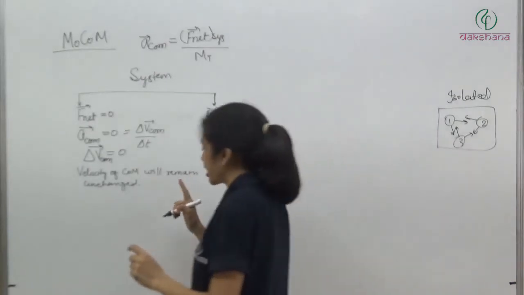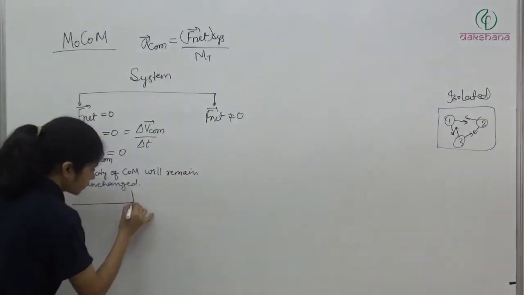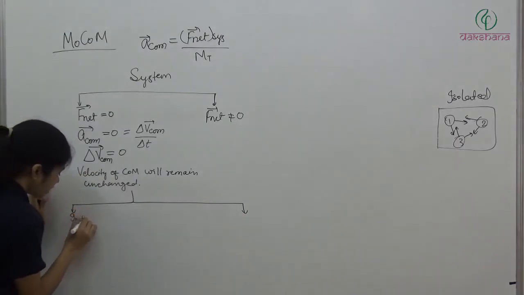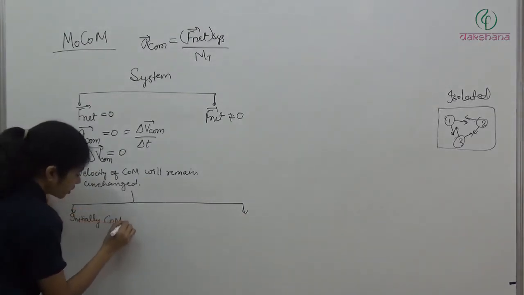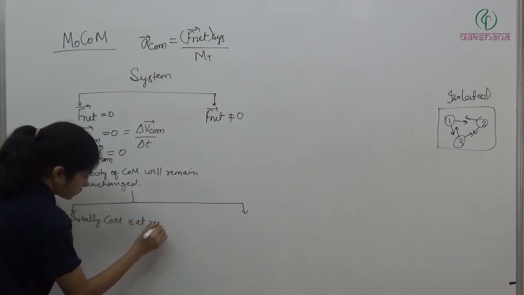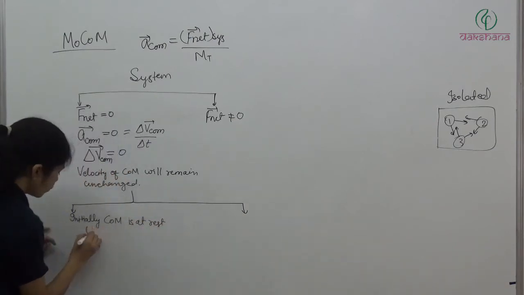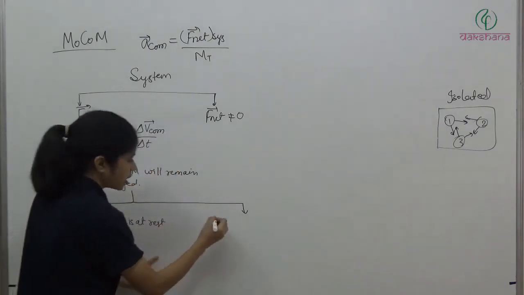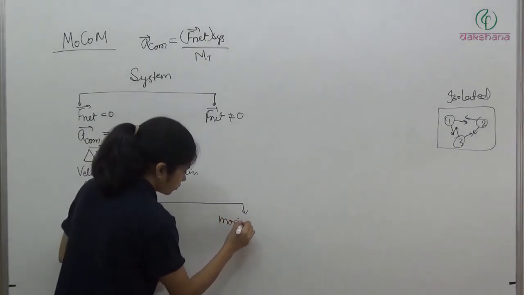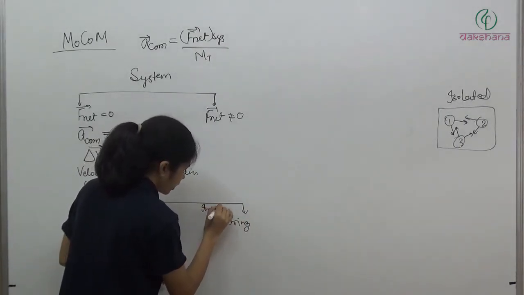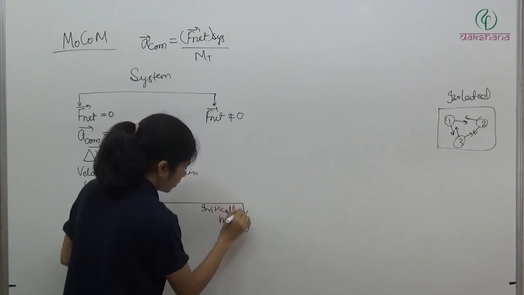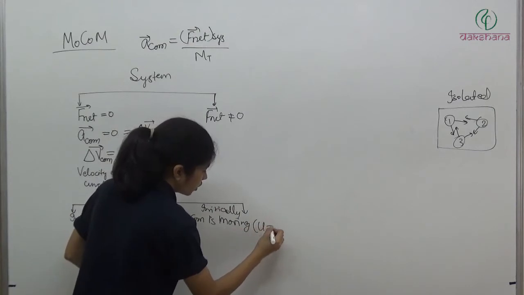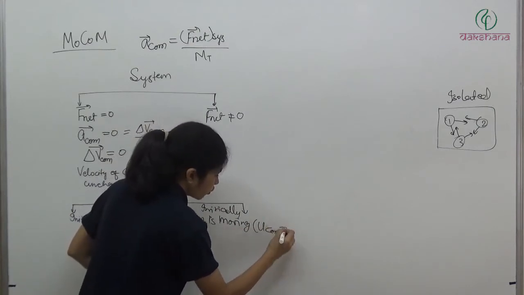Now again in this case we have two different cases. If initially center of mass is at rest, it means u of center of mass is equal to 0, and the other case is initially center of mass is moving, it means u of center of mass is not equal to 0.